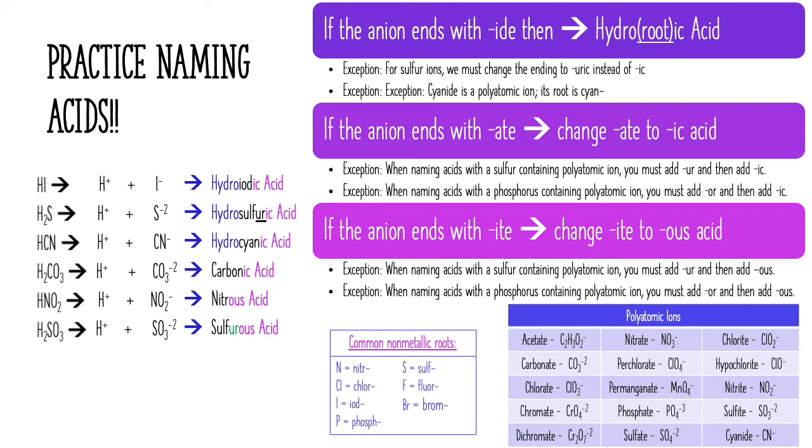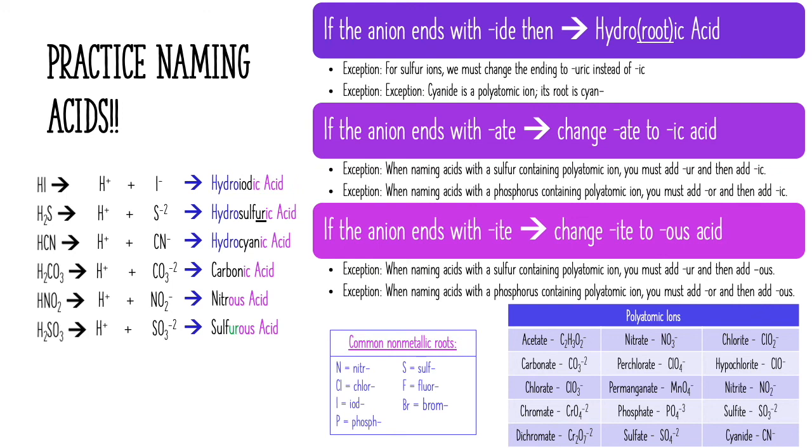Here it is, the middle set of rules right there with the medium purple bar. And it says that I need to change the ending to IC. And this doesn't contain sulfur or phosphorus, so there's not going to be an exception for it. So I just need to change the ending from ATE to IC. So I end up with carbonic acid.